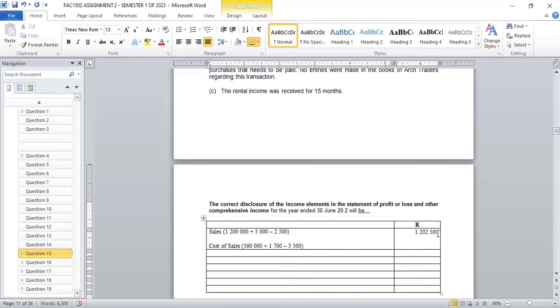What do we get? 558,200. These figures, I think, you will be dragging; they will be given.